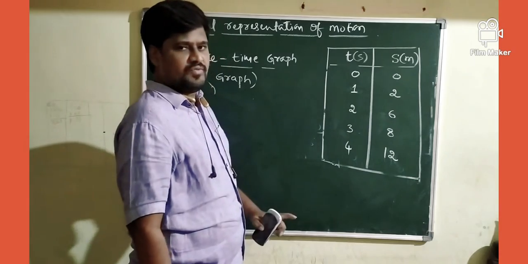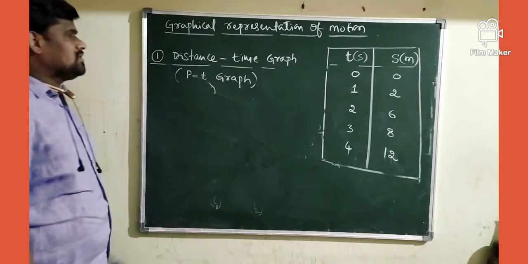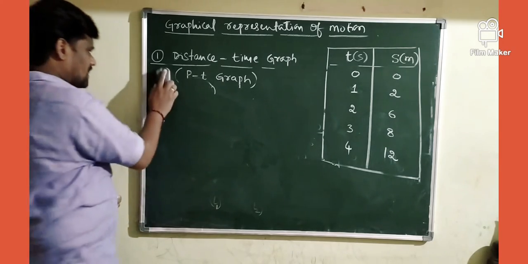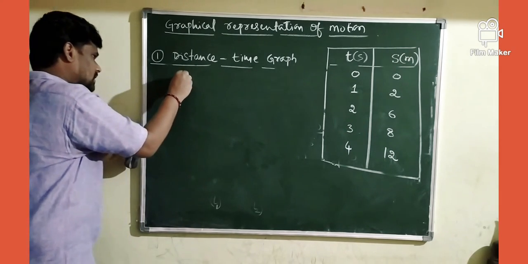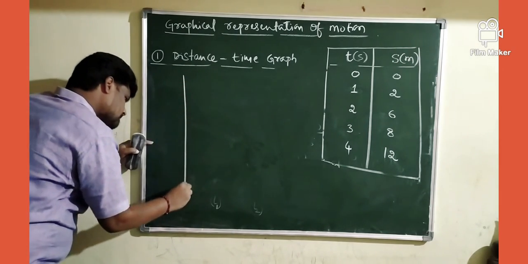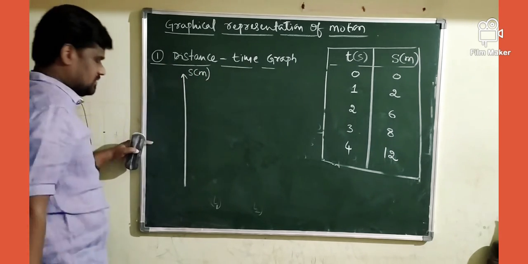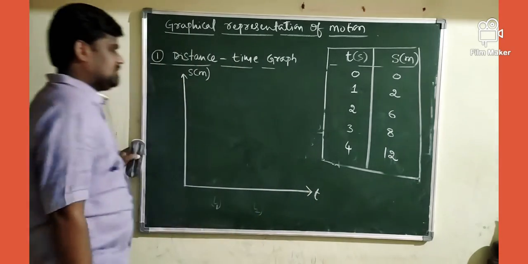In such a case, if you plot the distance time graph, or position time graph, it is not a straight line. Let me show it here. The distance traveled by the body, that is S in meter, is taken along the y-axis. Time is taken along the x-axis.